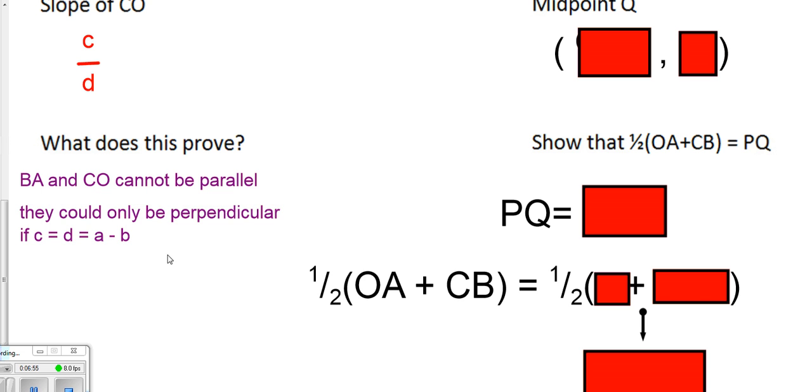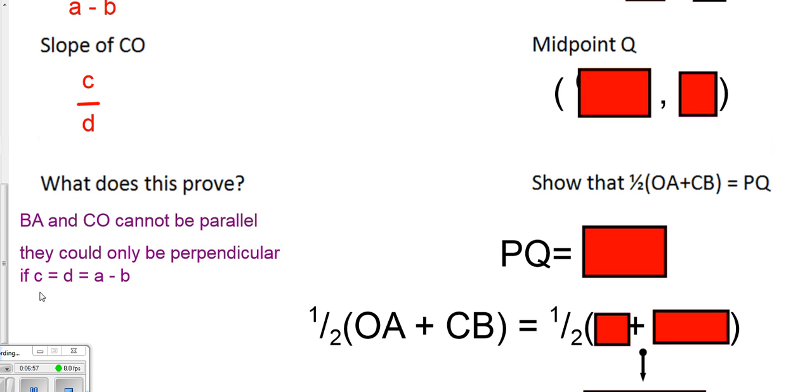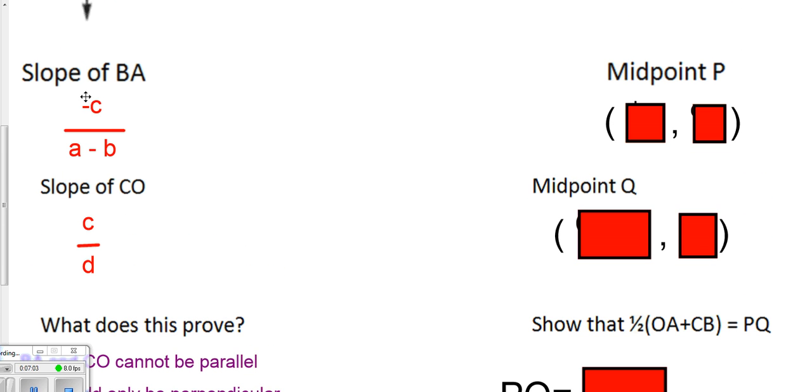Well, they could be only if C was the same as D, and that was the same as A minus B. Because this one is a negative version of, or we have a negative C up here, but for it to be perpendicular, it needs to be opposite and a reciprocal. So this one would have to flip everything around.